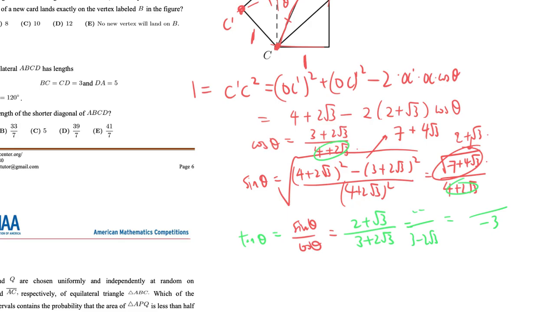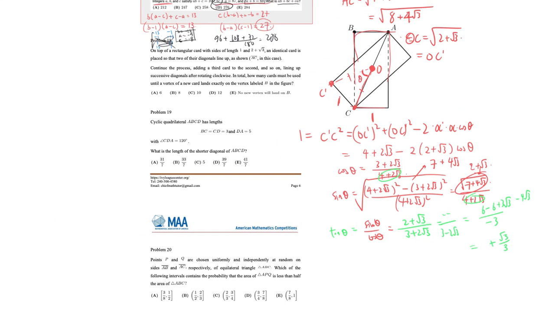No problem, it's negative. And then the numerator is going to be 6 minus 6, which is very nice. Oh no, it's not. Yeah, it is. And then it's going to be plus 3 root 3 minus 4 root 3. So the numerator is going to be negative root 3 over, positive root 3 over 3. So that is the tangent of theta.